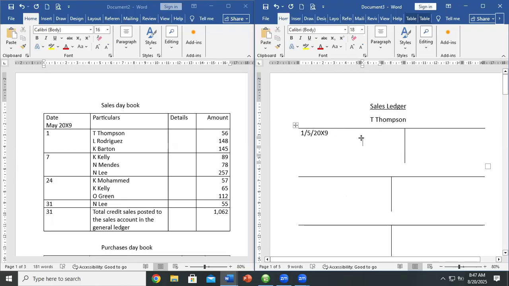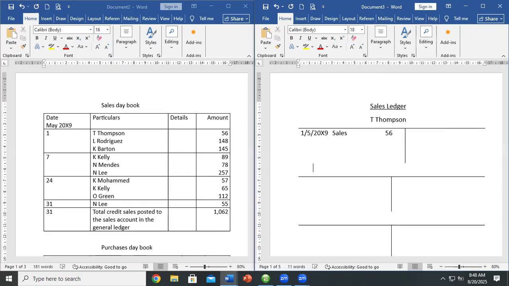So after the date, you have your sales. That'll be the narration. You put the amount there, 56. That's all. So you go to the next person, which is L. Rodriguez. So you have to open an account for Rodriguez in your sales ledger.